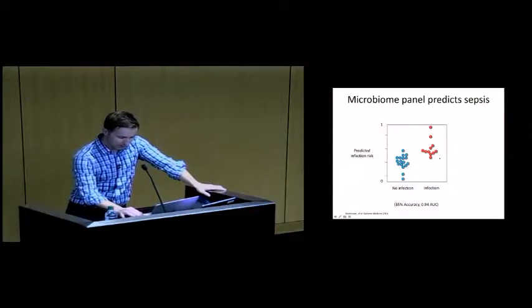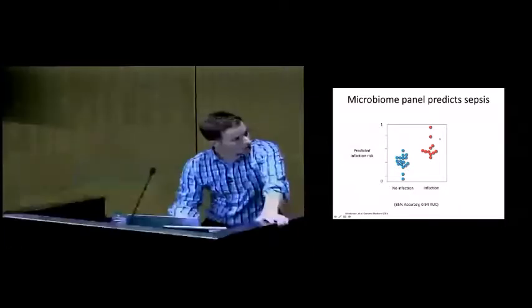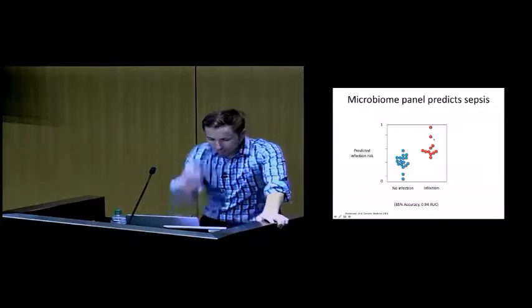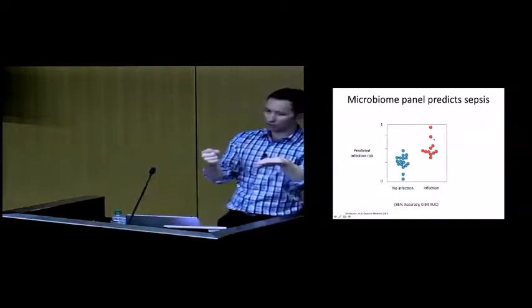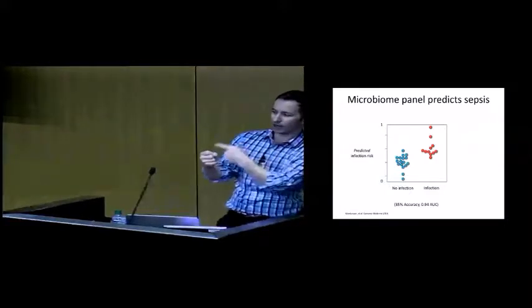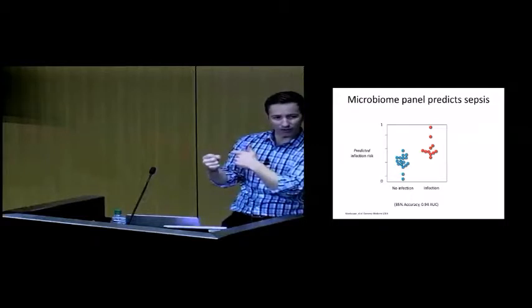So this is what we call a leave one out cross-validation analysis. And what that means is that, say, for this particular patient, we removed that patient from the analysis, trained the model on the other 27 patients, and then asked it to predict the risk for that held out patient. So the model had not seen the answer for that patient.